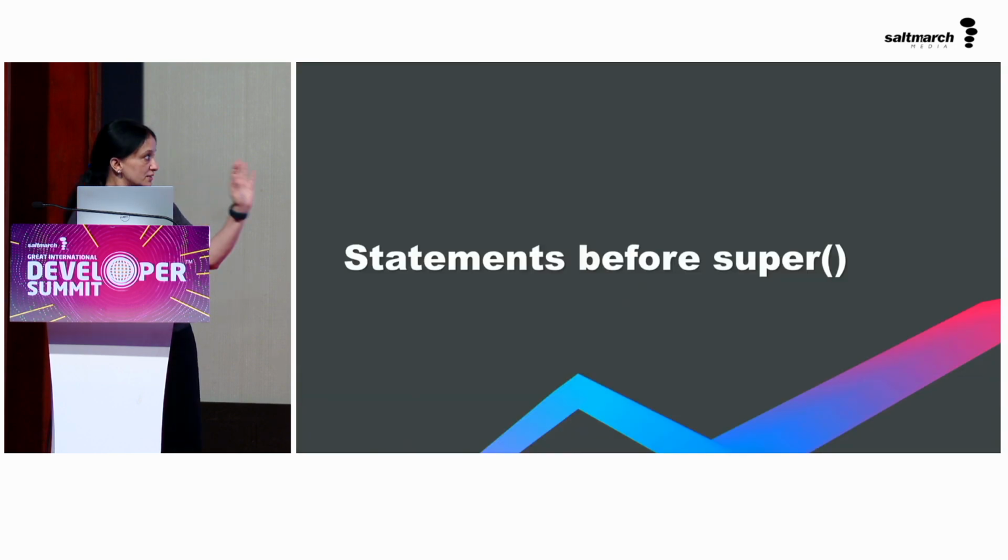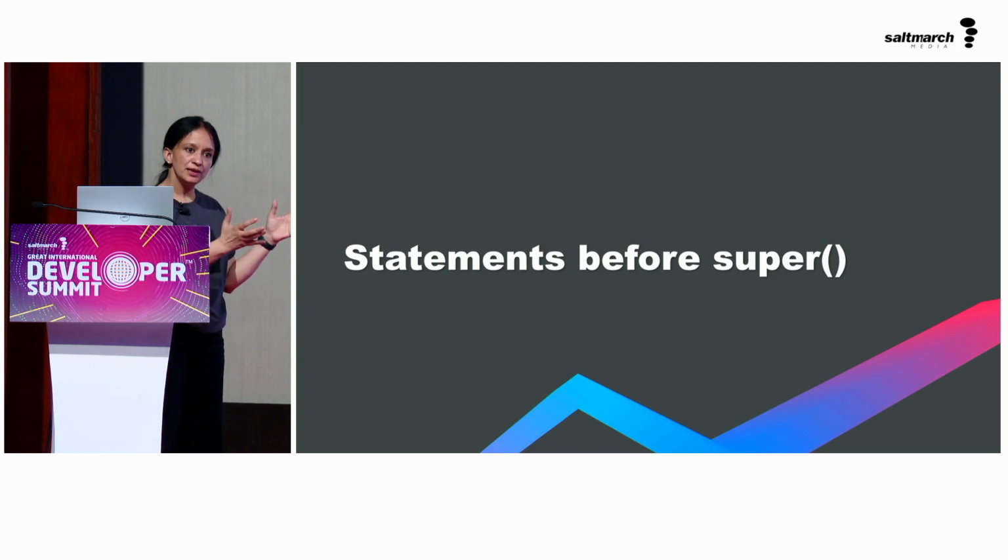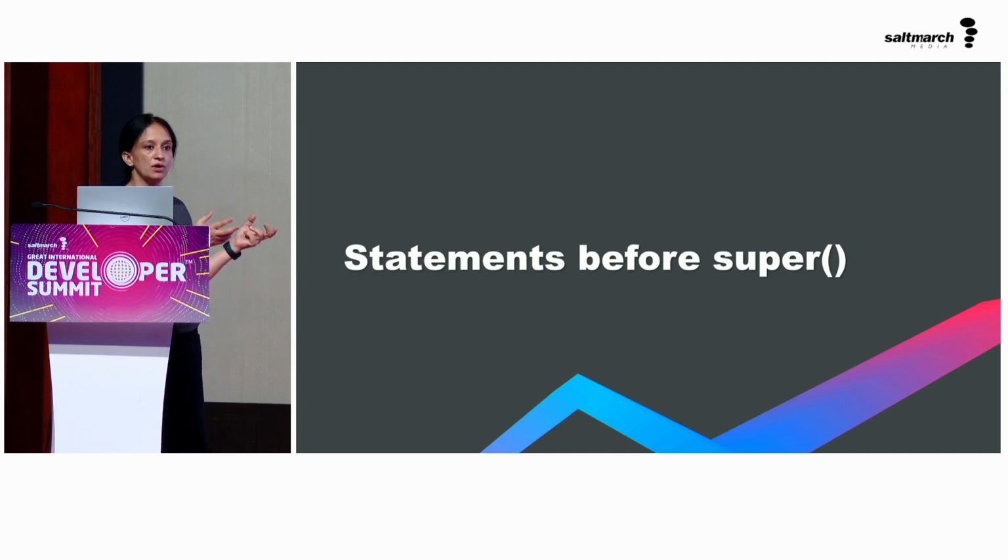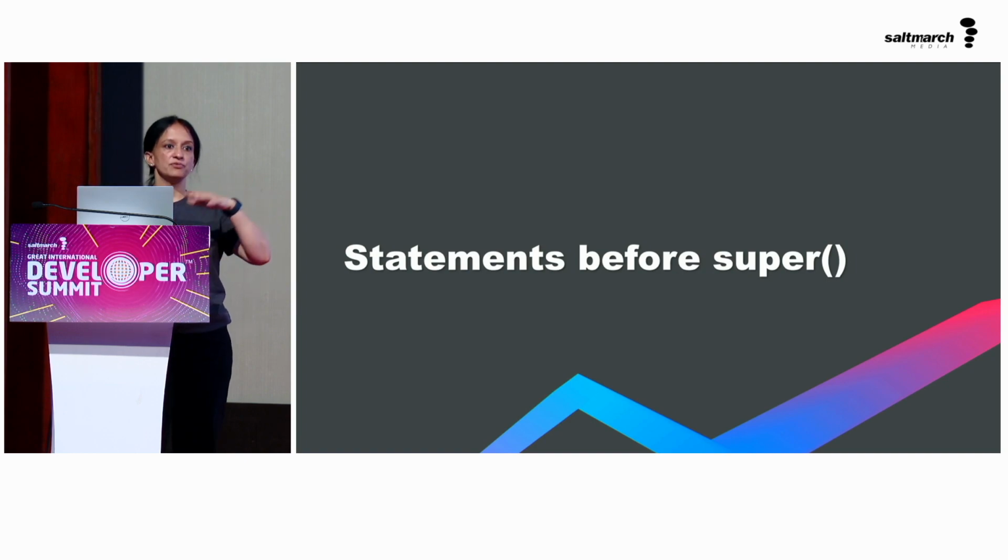And so statements before super is covered. And just one thing, it's absolutely beautiful and amazing how Java is evolving, because the syntax has changed. You can call other statements before super, but that doesn't mean that you can mess up with the creation of the base class object.